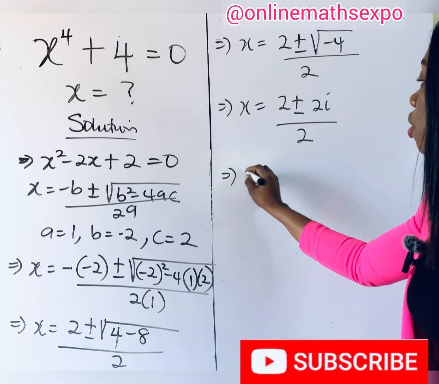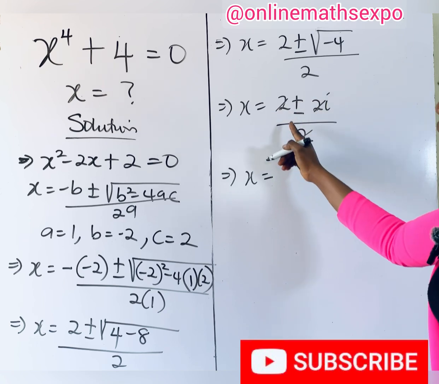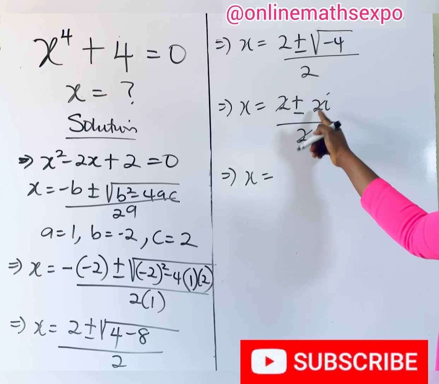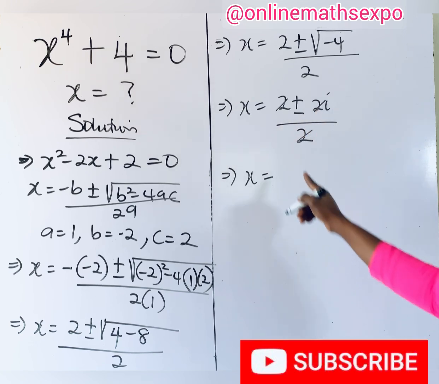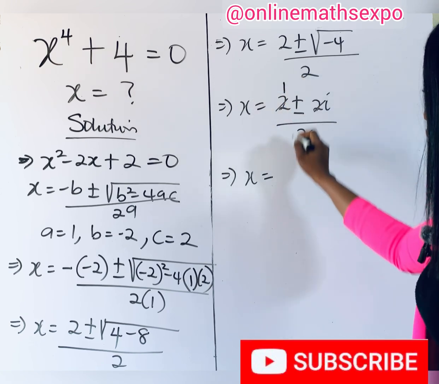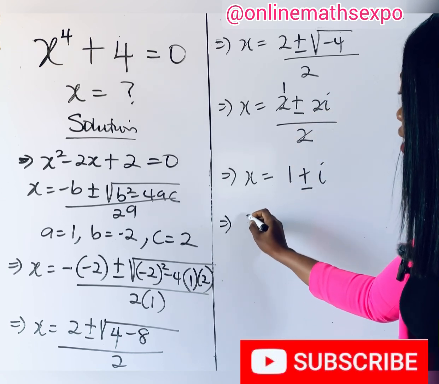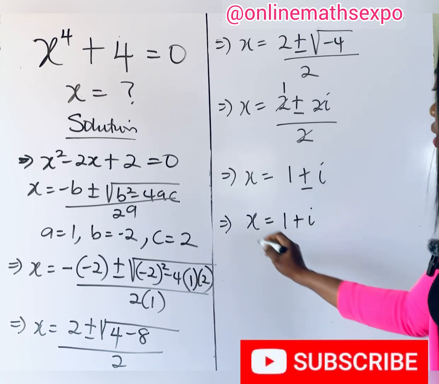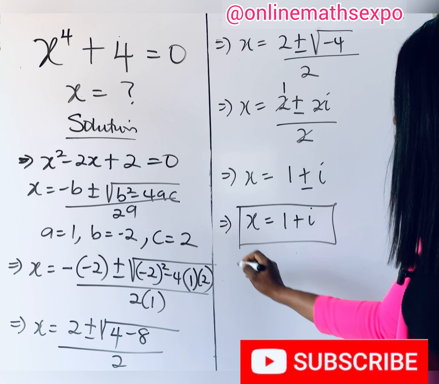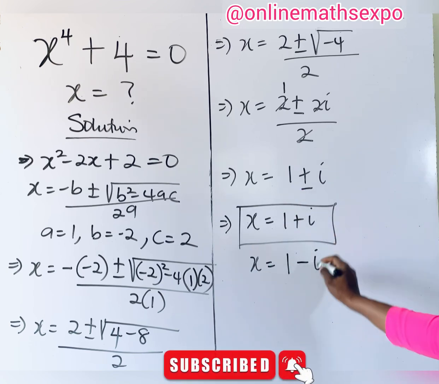These will cancel each term, because 2 goes into 2 and also goes into 4. So instead of 2, here is 1 plus i. Did you see that? So x is equal to 1 plus i. And remember, x will also be equal to 1 minus i.